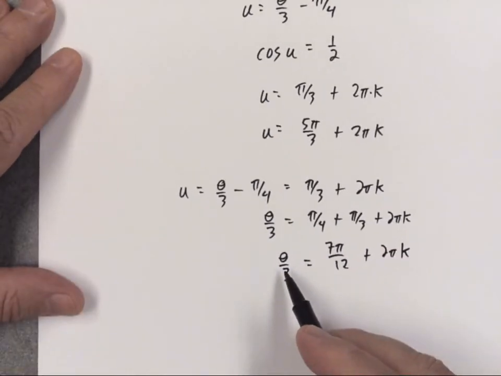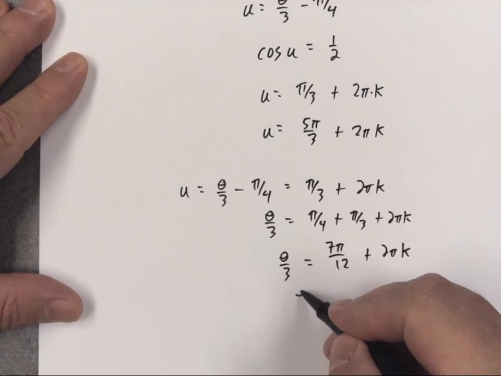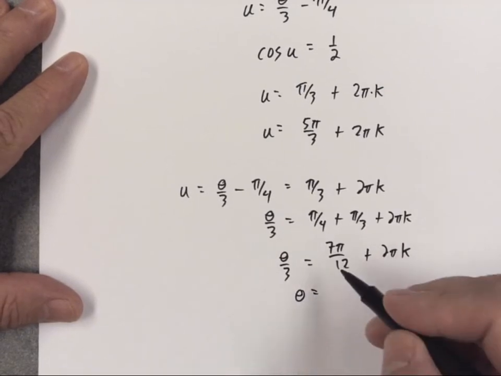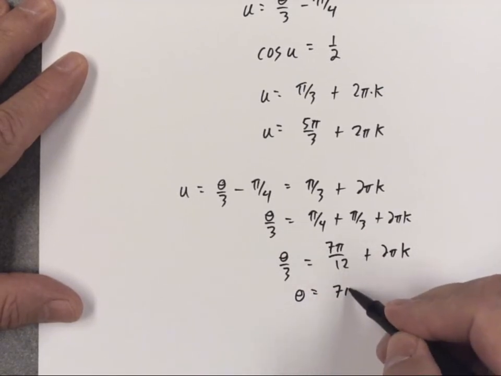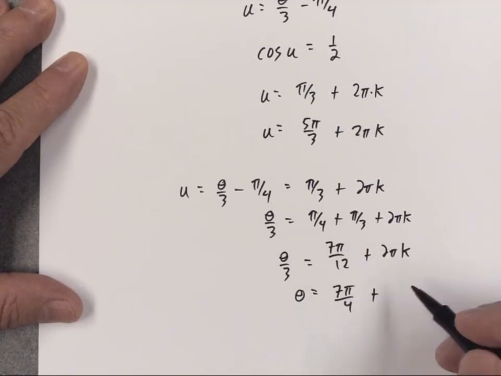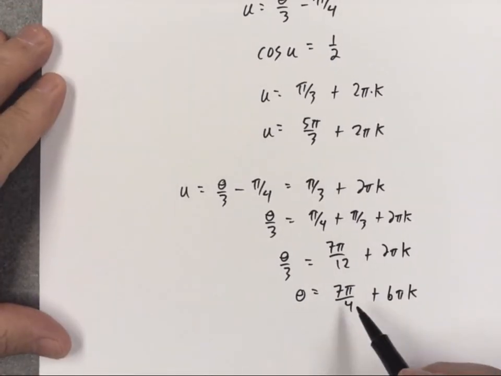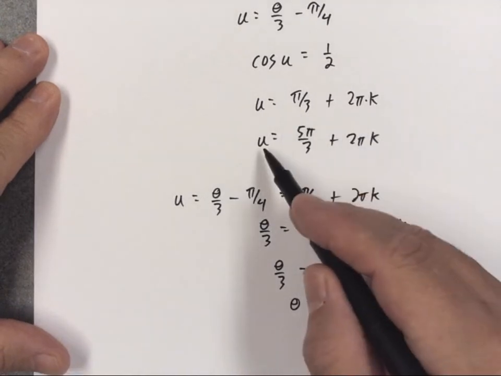But of course I want this to be theta, so I'll multiply both sides by 3. And I believe this ends up being 7 pi over 4 plus 6 pi k. Seems a little crazy. Now that's my solution from my first u.